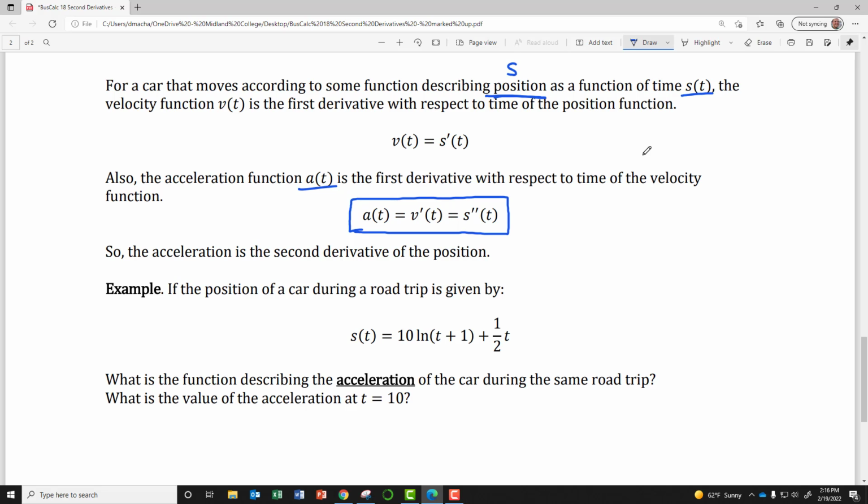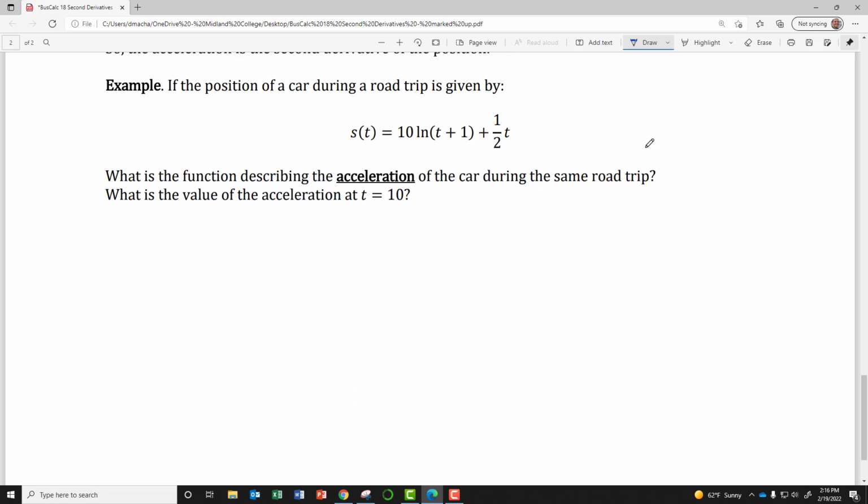Now, for a little application example here, suppose that we have a car during a road trip, and the position is given by this function here. This is my position function. What is the function describing the acceleration of the car during the same road trip?